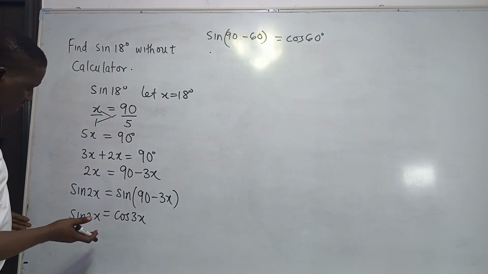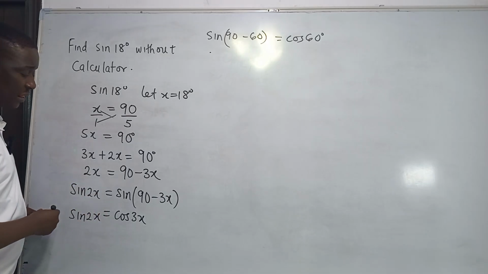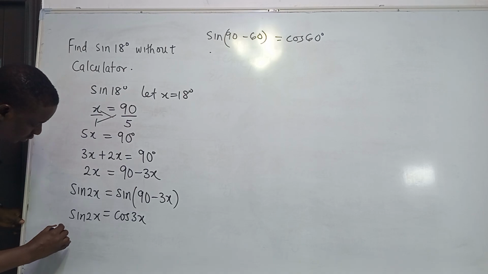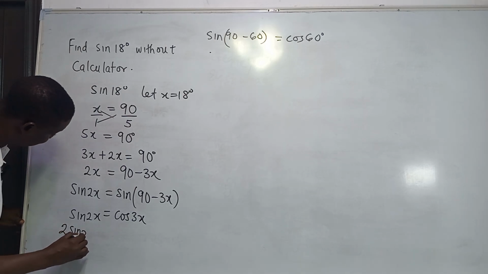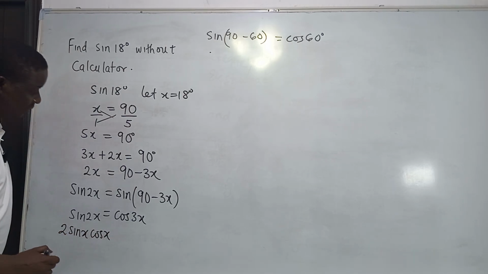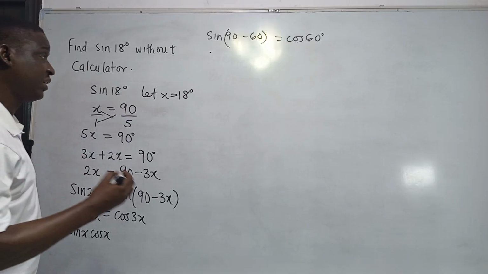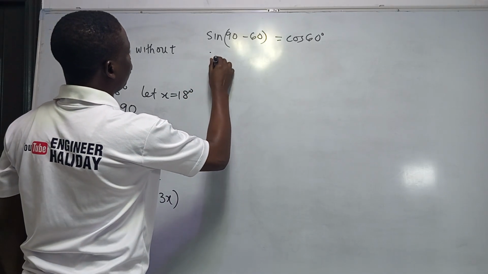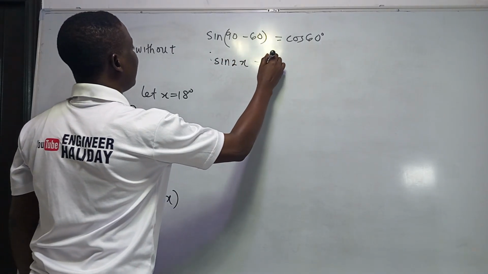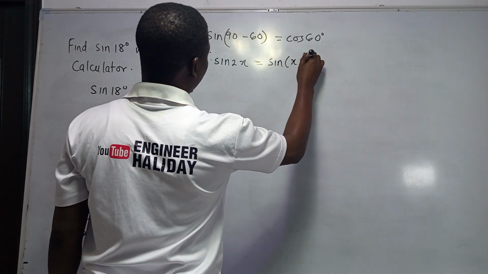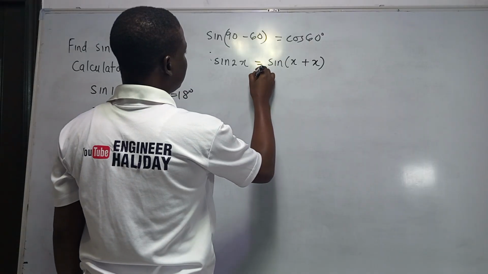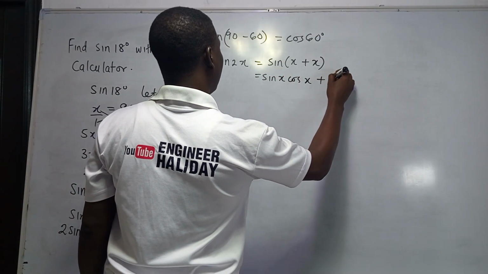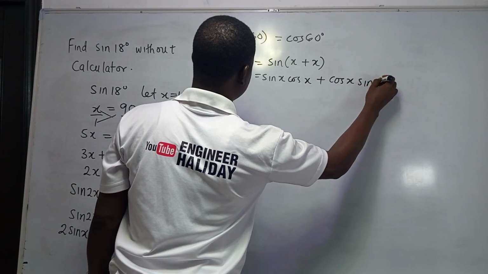Now, we have gotten to a point where we need to do something. We already know that sine 2x is the same as 2 sine x cos x. Reason being that sine 2x is the same thing as sine of x plus x, which is simply sine x cos x plus cos x sine x.